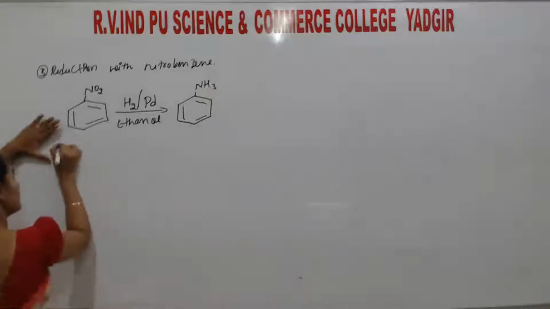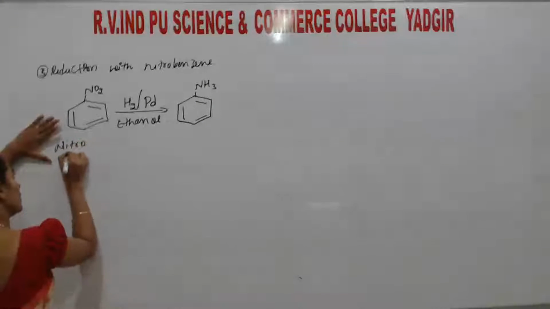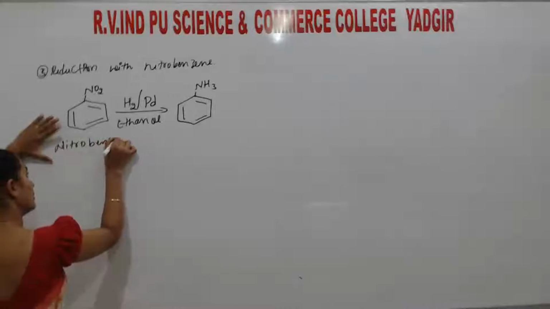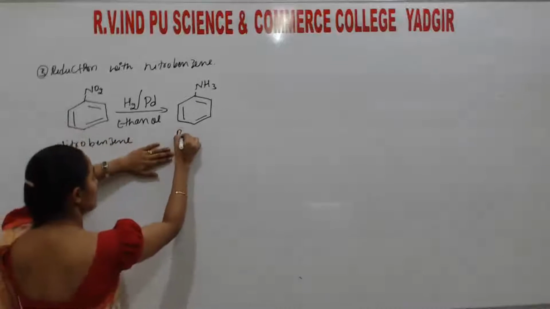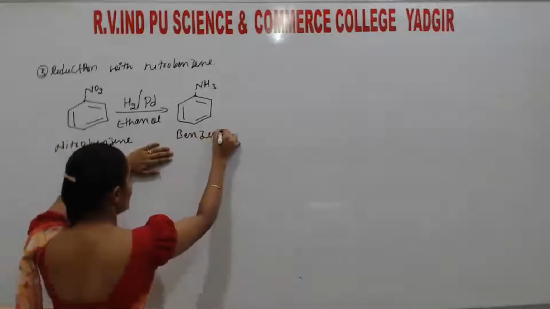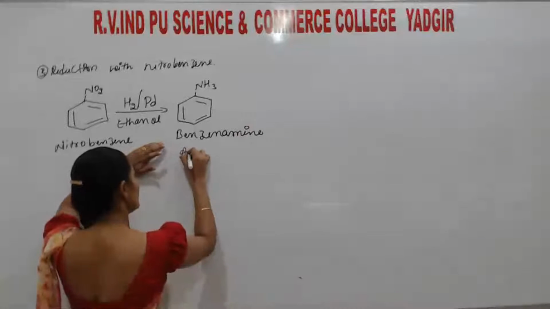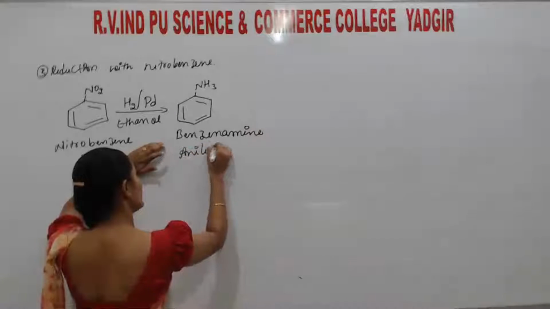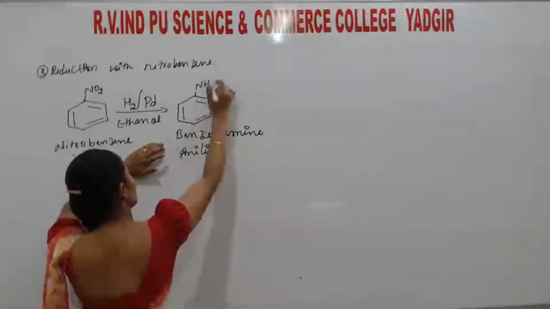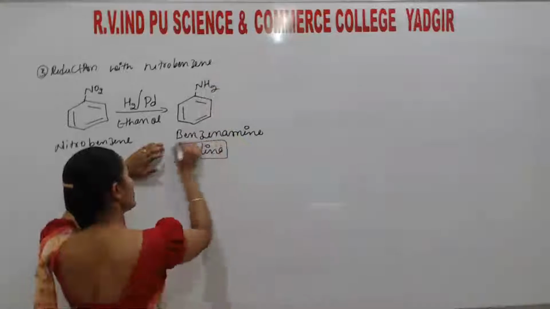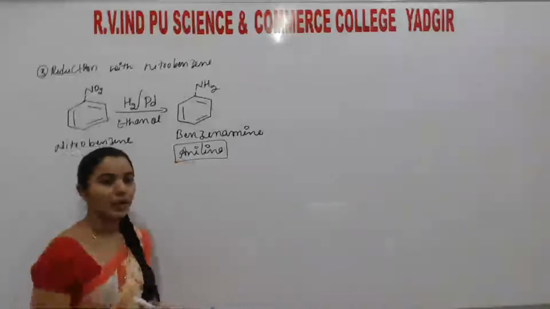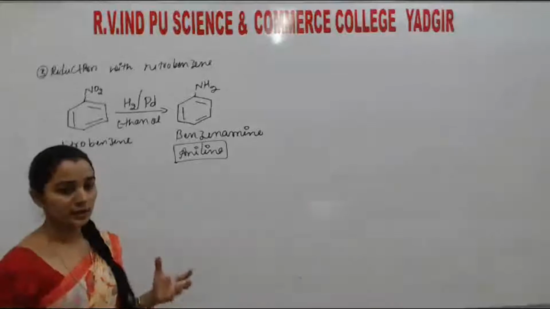So this one is nitrobenzene. And this one is benzene amine, which is simply called aniline. Benzene with the NH2 group is called aniline. So students, how is the explanation written?